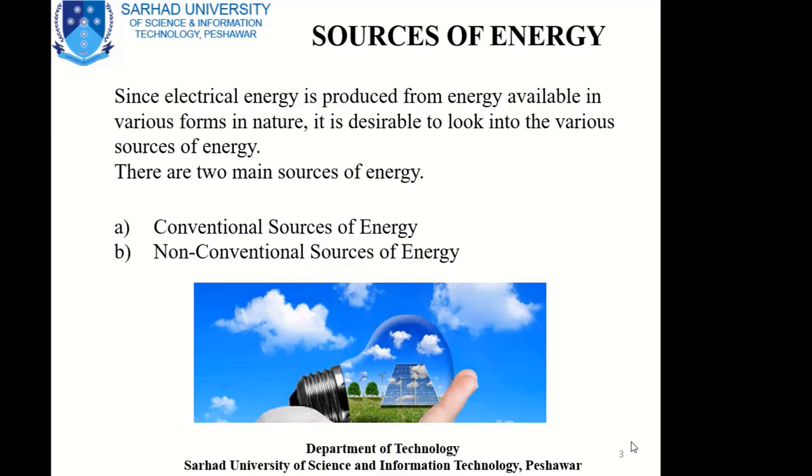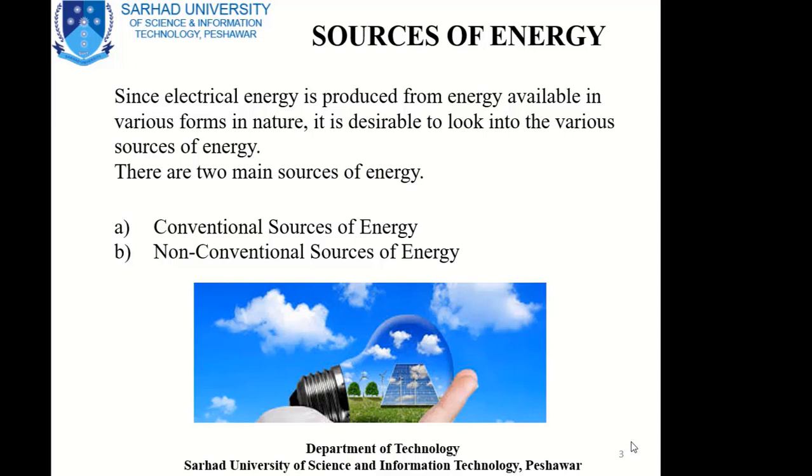So the question arises: why do we study the sources of energy in this power generation system course? You know that electrical energy is produced from energy available in various forms in nature. So what is energy? Energy is another word for power, and it makes things move and machines work.